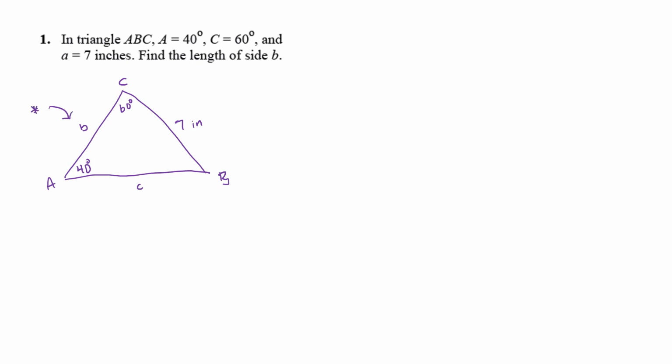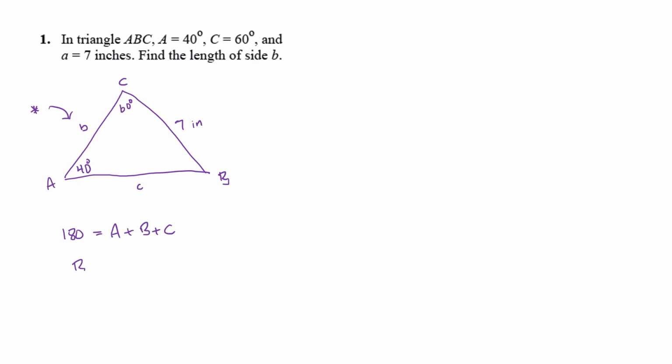We can find the angle measurement of B because A, B, and C must equal 180 degrees. Let me write that out for you. That is the triangle sum theorem, that all three angle measurements in a triangle equal 180 degrees.